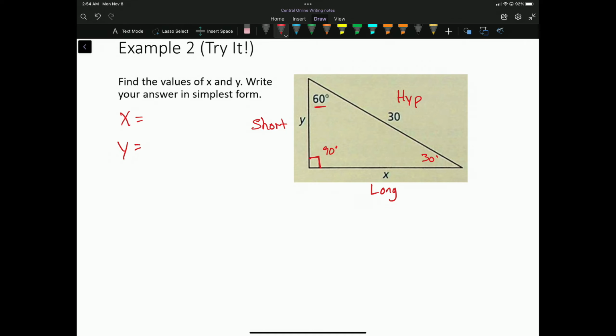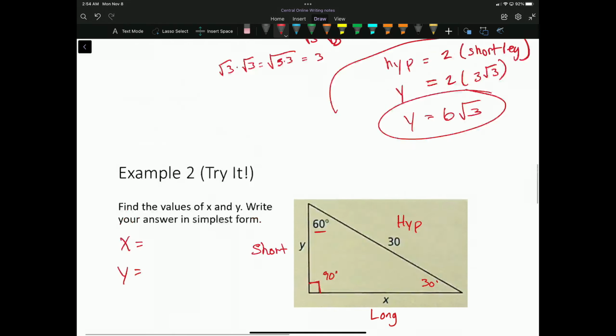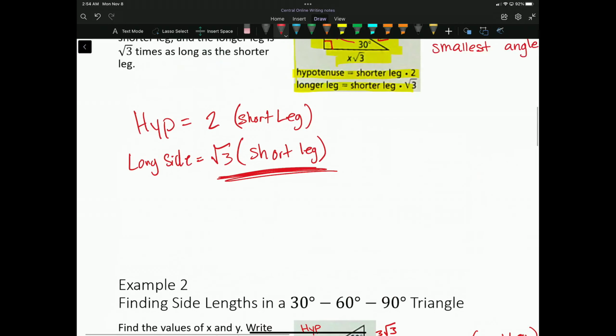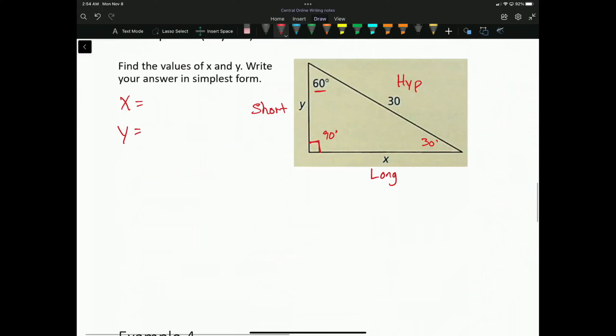All right, so let's go for my long leg, right? If we go back to my rule, my hypotenuse is going to equal 2 times my short leg. So we're actually going to be doing our short leg here. So we have my hypotenuse equals 2 times the short leg. Let's plug it in, right? My hypotenuse is 30, so it's going to be 30 equals 2 times, and my short leg is y.